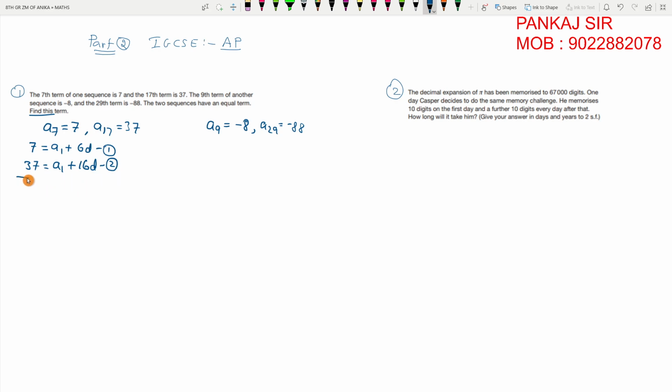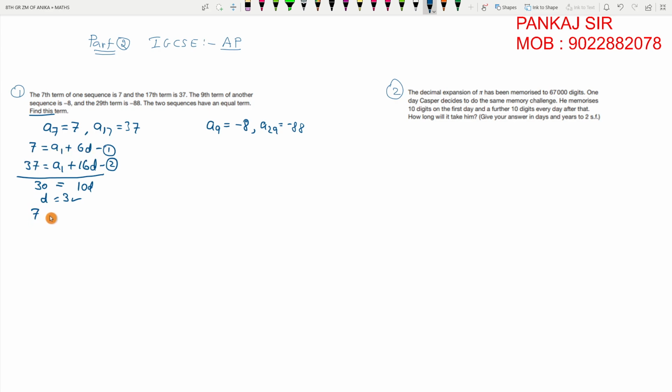Now let us try to solve these two equations by the simultaneous equation method. So equation 2 minus 1 will give me 16D minus 6D is 10D. A1 minus A1 will be gone. 37 minus 7 is 30. This will give me D is equal to 30 divided by 10, which is equal to 3. So I got the value of D. Let us try to find out the value of A1 from this.